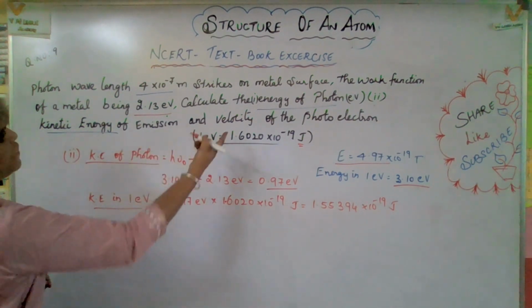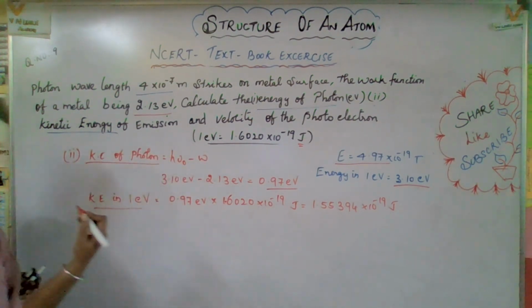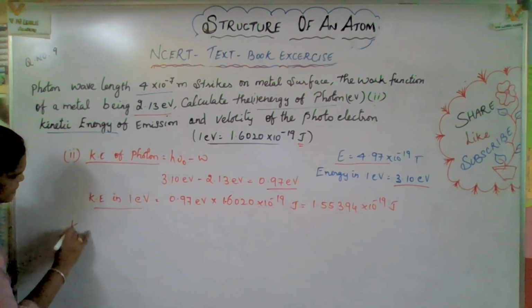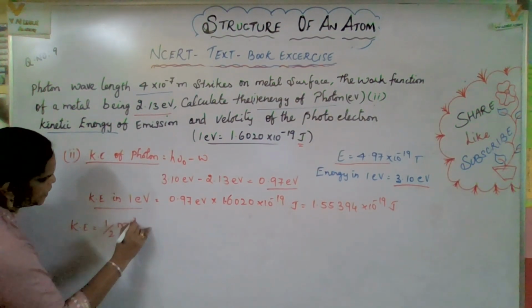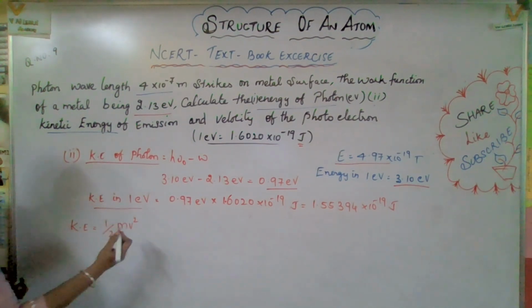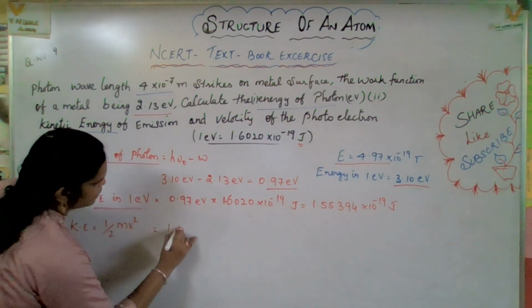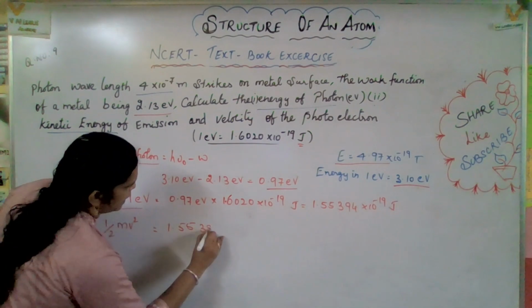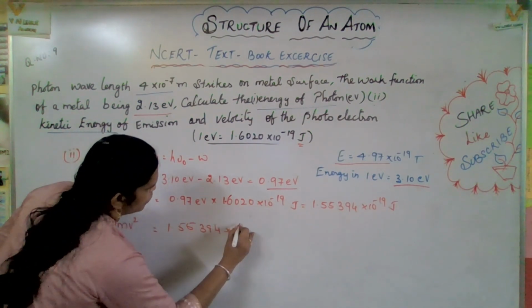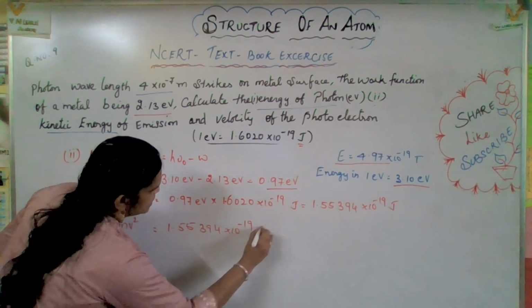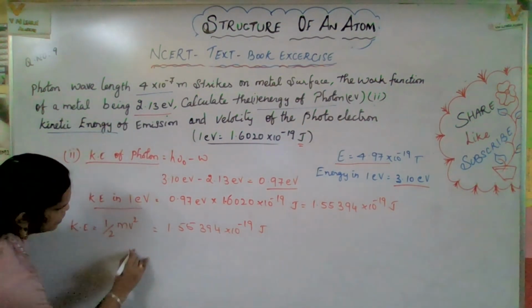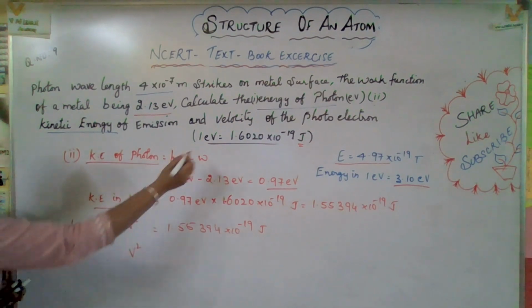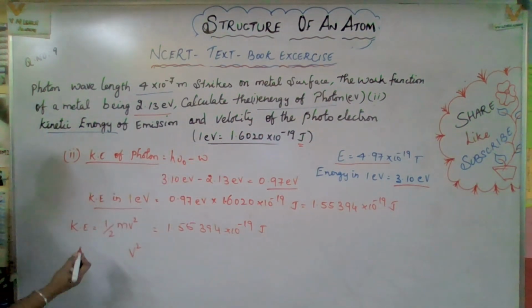The next one, the velocity of the photoelectron. Here, the same way, KE equals half mv squared. Let us apply the value, 1.55394 into 10 to the power of minus 19 joule. Now let us find that velocity, the velocity of the photoelectron.